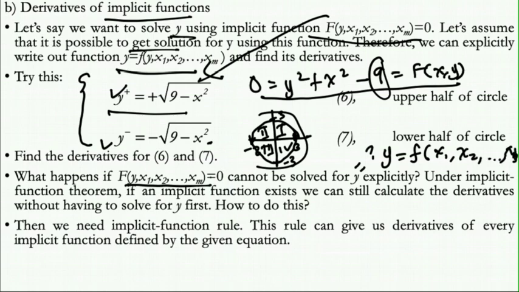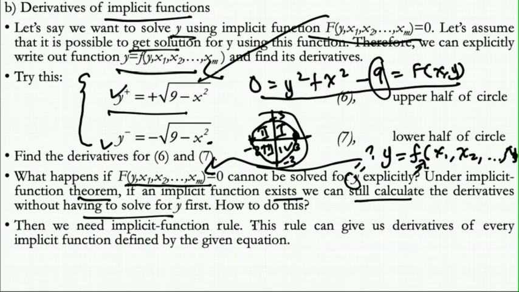But when we write it in the form of an implicit function, it is a function of y, x1, x2 until xm equal to 0. And what if we want to find y using the explicit function, but we cannot do it? Then this is the use of the implicit function, to find y. Under the implicit function theorem, if an implicit function exists, we can still calculate the derivative without having to solve for y first. How to do this?